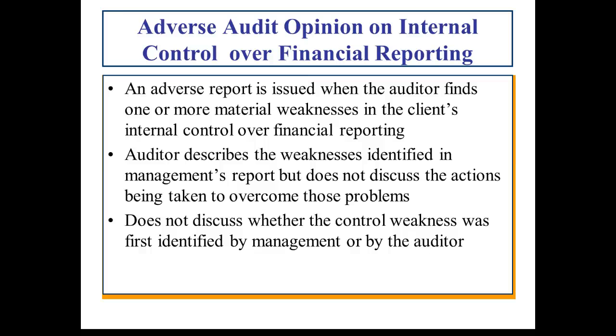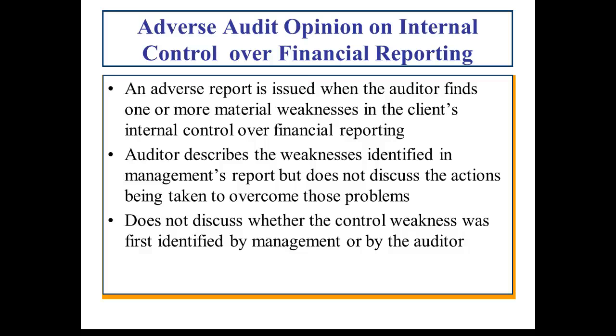An adverse opinion. This is what you don't want to give. An adverse report on internal controls is issued when the auditor finds one or more material weaknesses in the client's internal control over financial reporting.